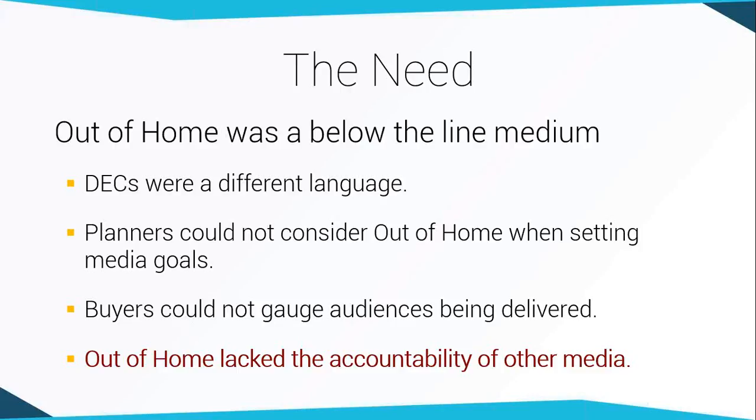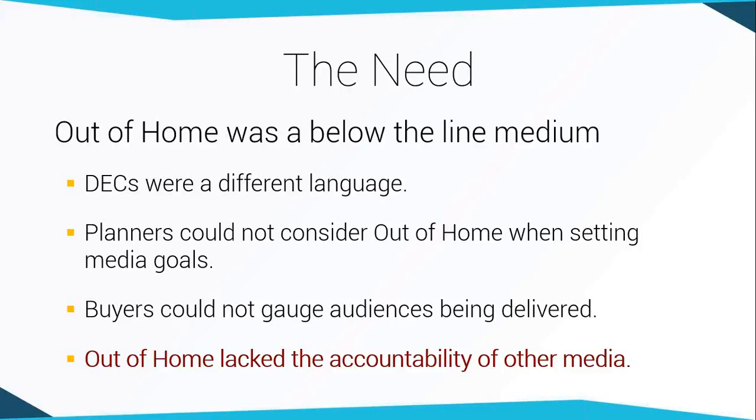So when I say here that out-of-home was a below-the-line medium, I mean that literally. There's actually, when planning, there's a line of strategy levels of planning where you're putting large amounts of dollars into different buckets, into different media types to allocate a client's media budget based on, a lot of times based on GRPs.